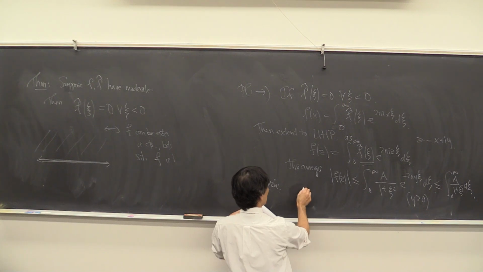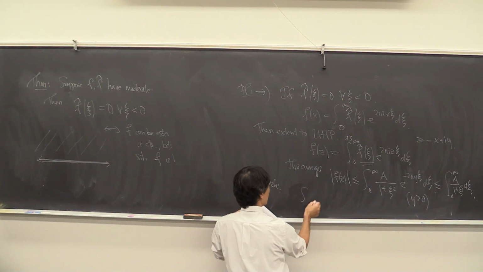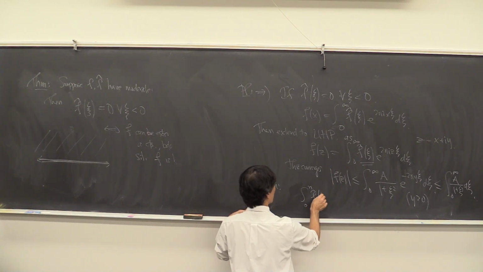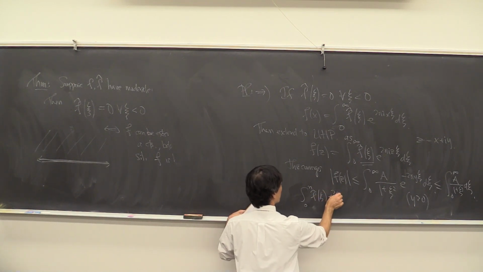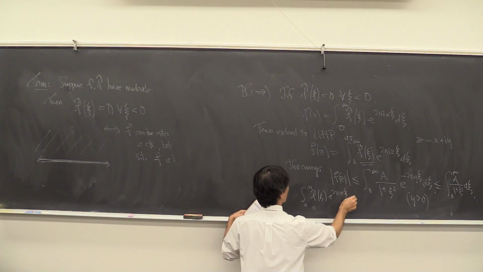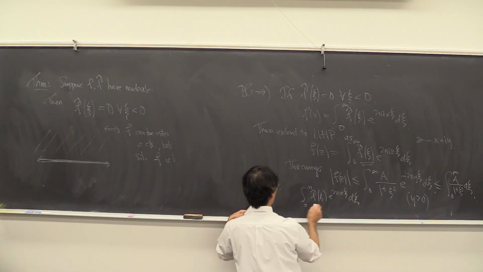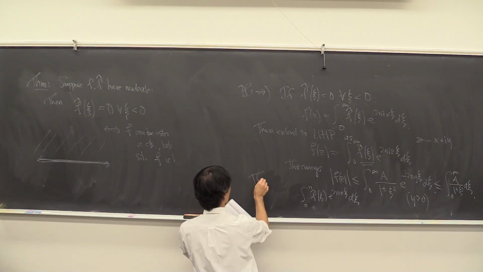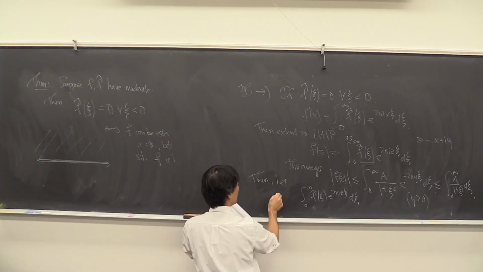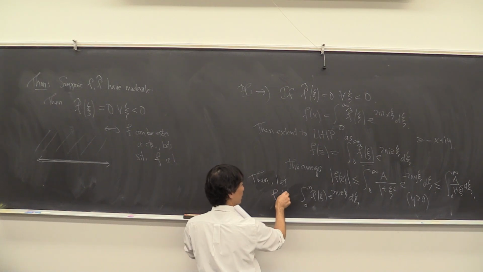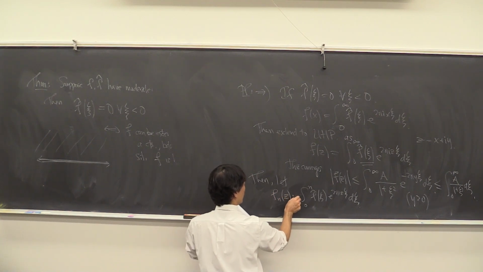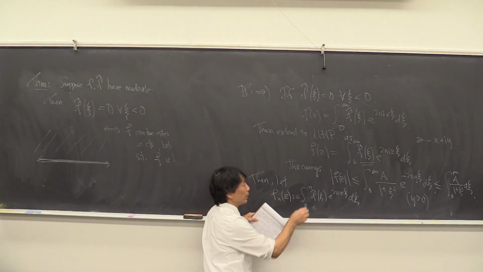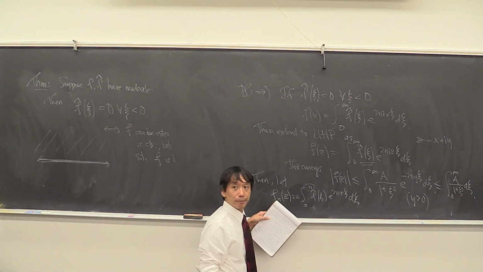And so what you do, similarly to what we did before, is you truncate the integral. Right, so let f sub n of z be defined as this thing, where you're integrating up to n.